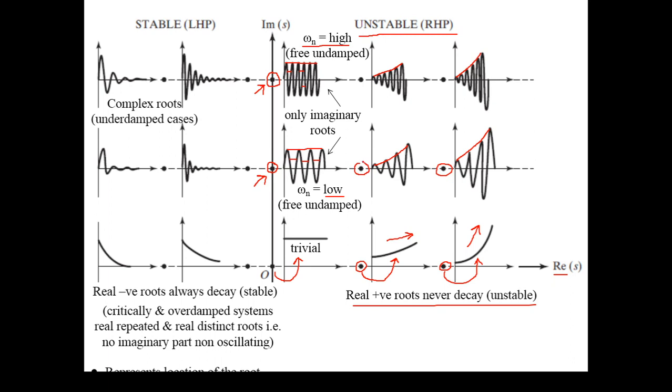Actually, all these roots that I am encircling have positive real parts, and therefore they are growing in time. On the other hand, if you look at the roots plotted on the left hand side of the plane, these responses are always stable.